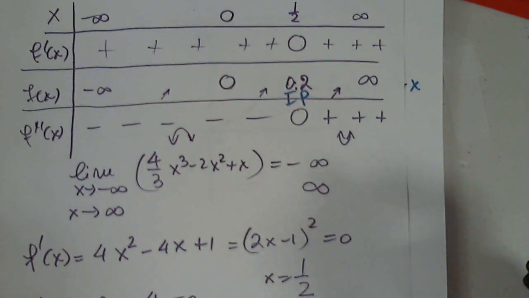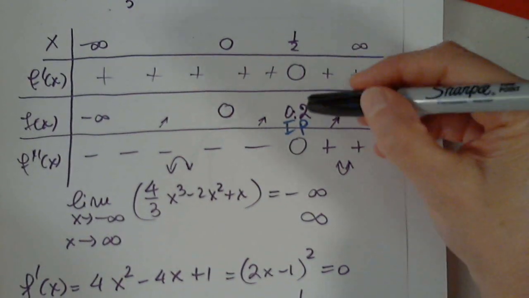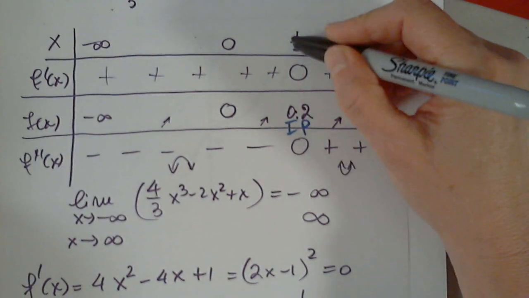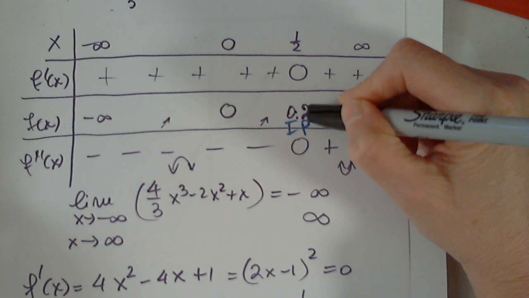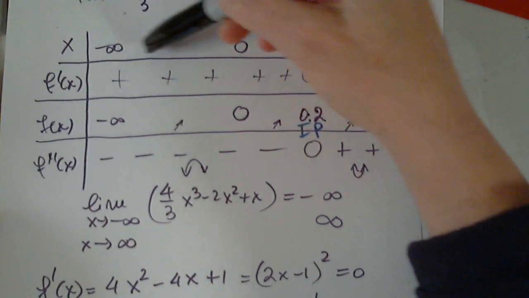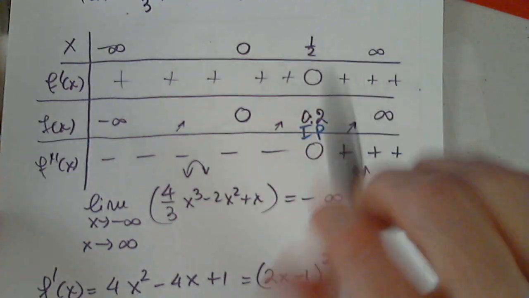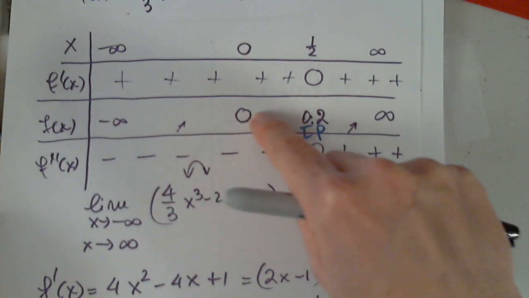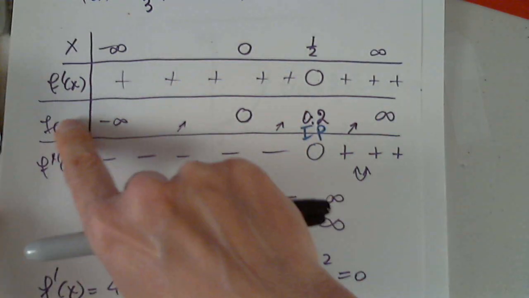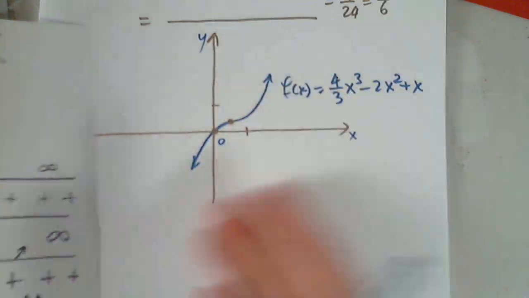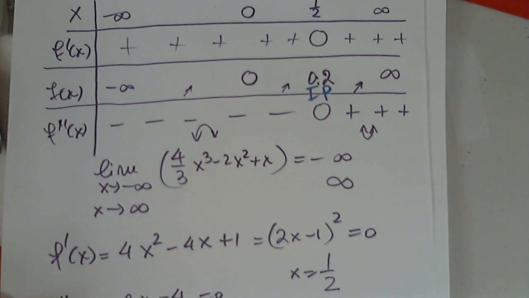For any problem, after I find the critical number, I have to find the y value for that x. So for every number that I put in the table at the top in the x row, I have to have a corresponding y value in the row for f of x. Otherwise, I will not be able to plot the point.